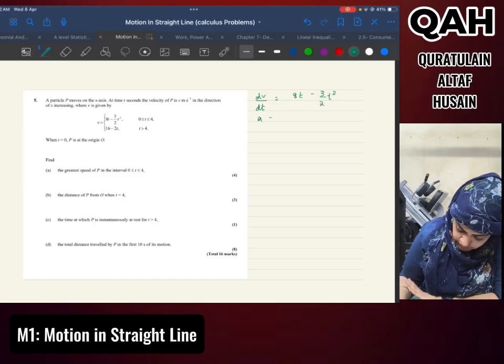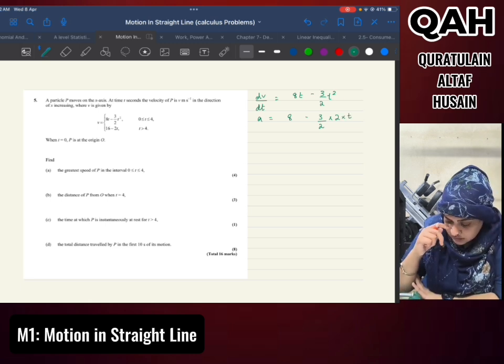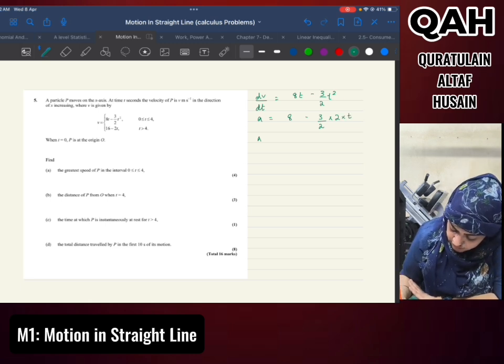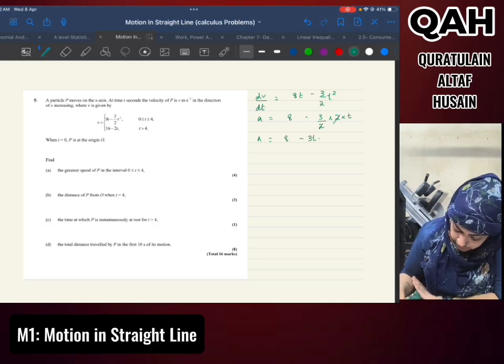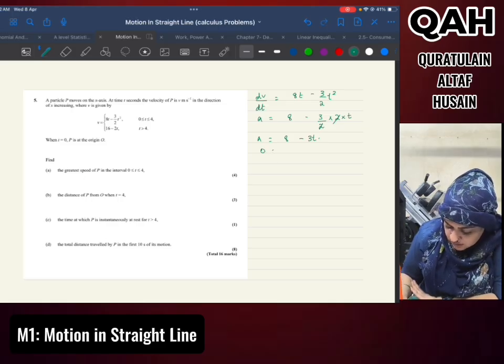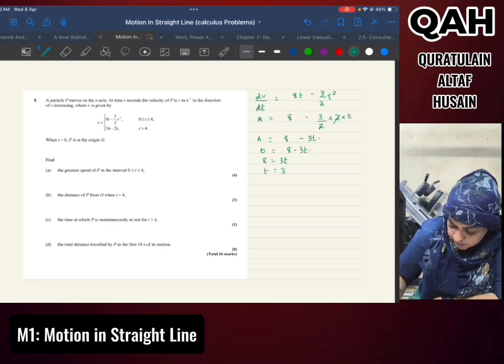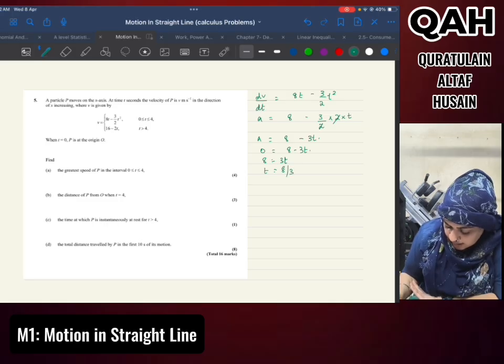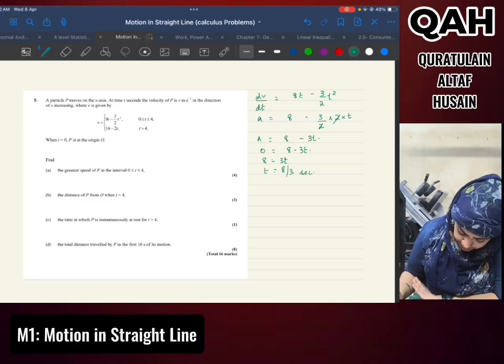When we differentiate, this becomes 8, this becomes 3 upon 2, multiplied by 2 because the power comes down, into t because 2 minus 1. Acceleration is equal to 8 minus 3t, and as the speed is greatest, acceleration is 0. 0 is equal to 8 minus 3t, 8 is equal to 3t, t is equal to 8 upon 3. Time is equal to 8 upon 3 seconds.